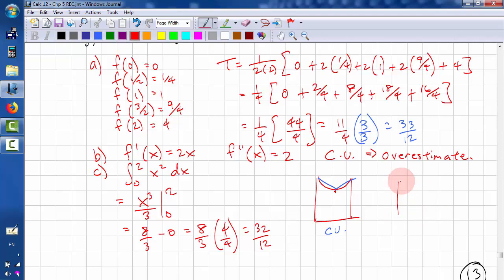Okay, let's look at this. So here, if we do a trapezoid on a curve that's concave down, this is going to be an underestimate. And this is an overestimate. Okay, because the trapezoid sits below the curve.